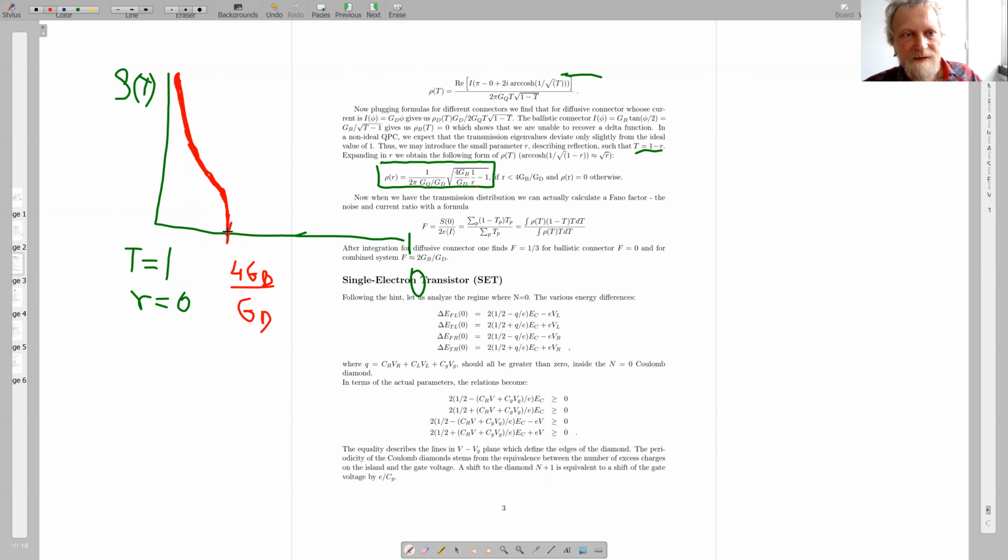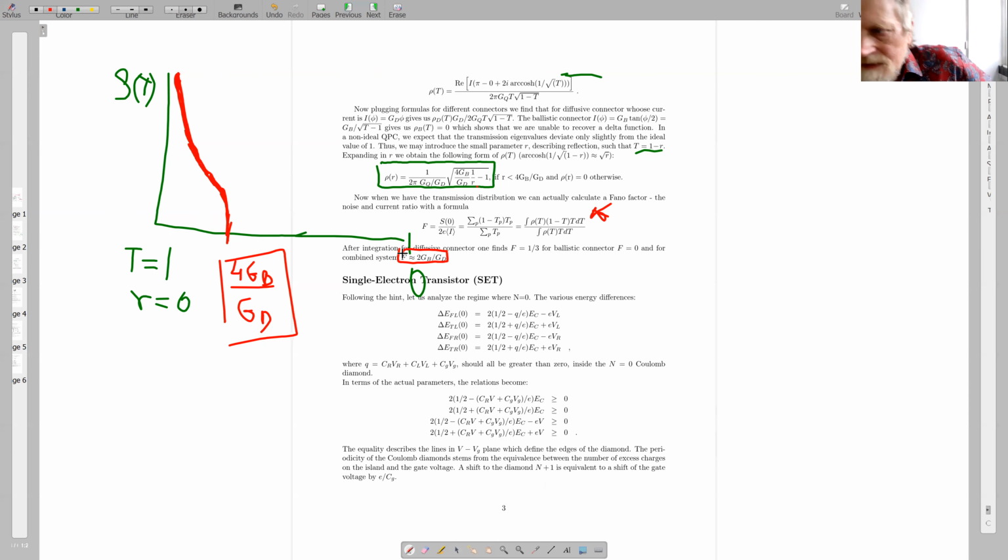It's funny to see that the spread is finite, that it is restricted by this particular value. After all, one can just make this integration and come up with an analytical formula for the Fano factor.